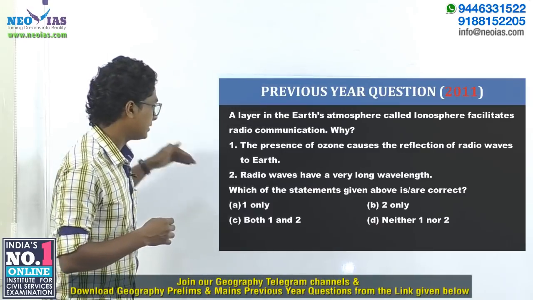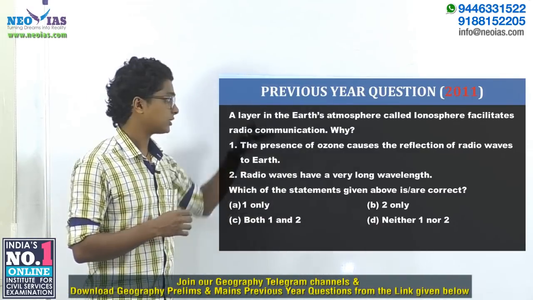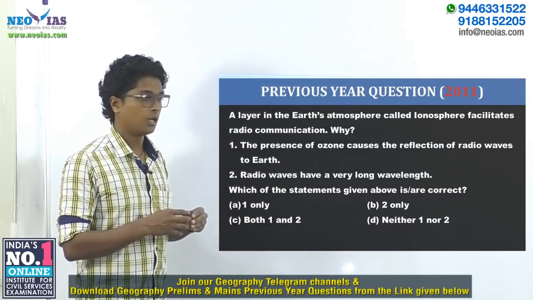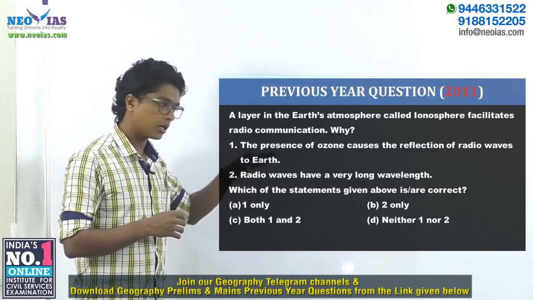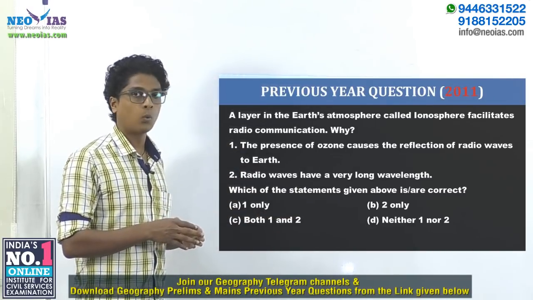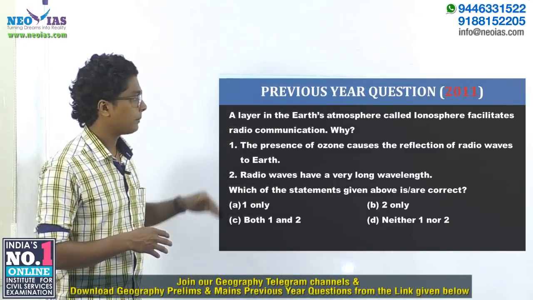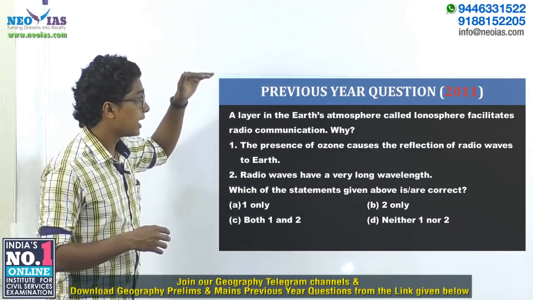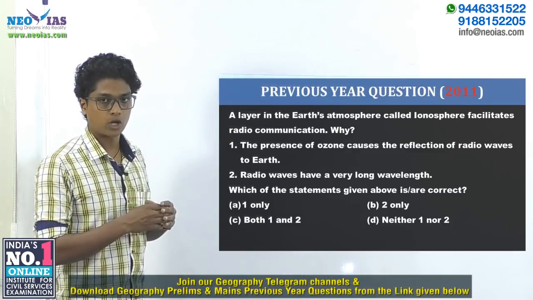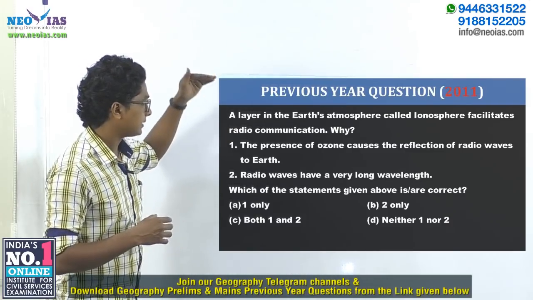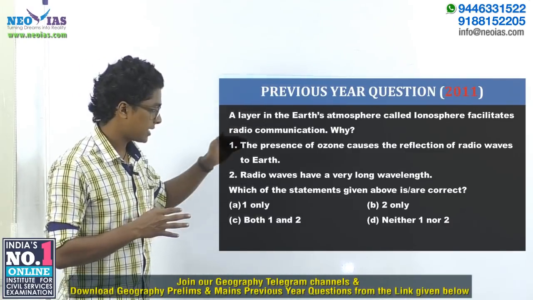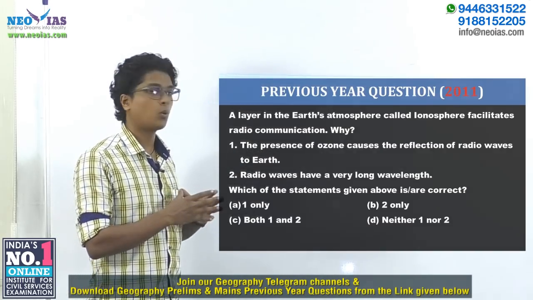But whether this second statement is correct or not is not what is being asked here. For this reason, the answer comes out as D, which is neither one nor two. Actually, the radio waves have a very long wavelength, but that's not the reason why ionosphere facilitates radio communication. Rather, it's because of the concentration of ions. So here the answer comes out as D, which is neither one nor two.